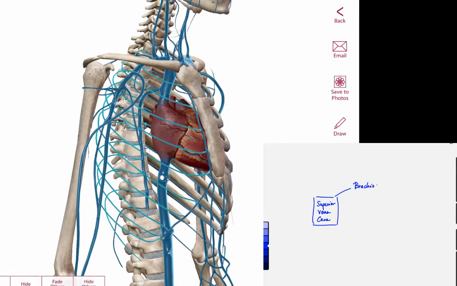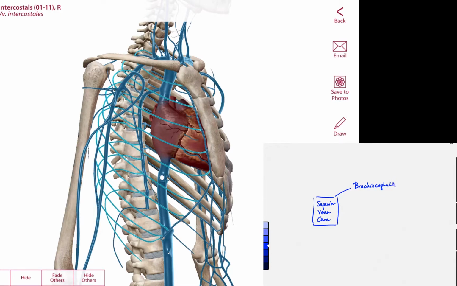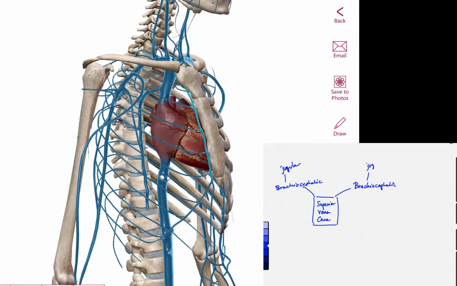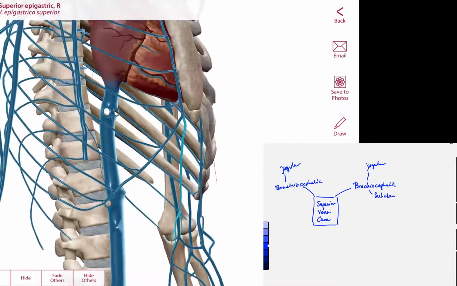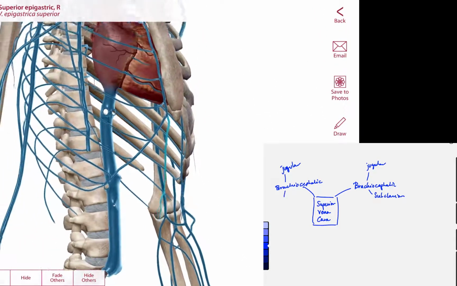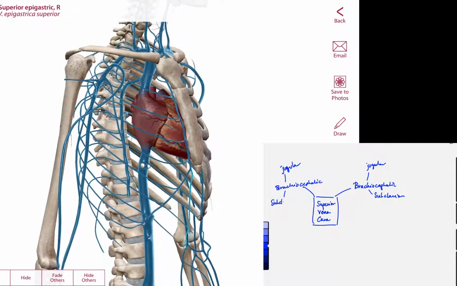Just like we had intercostal arteries, we have intercostal veins. And just like we had subcostal arteries, we have subcostal veins. And similarly we have mammary and epigastric. So basically everything is still here.